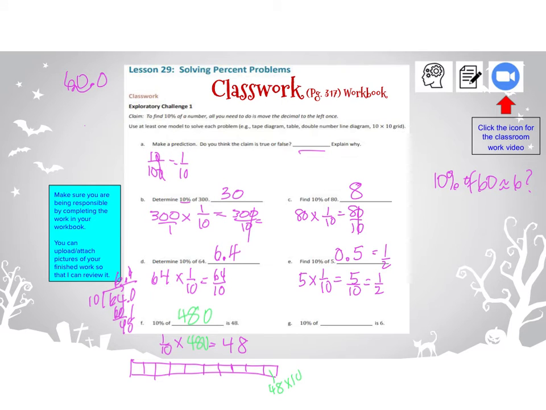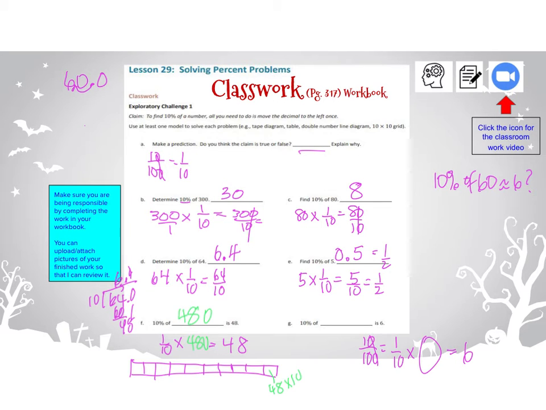Okay, then 10% of something is 6. So 10%, 10 over 100, which is equal to 1/10 of something I don't know is going to give me 6.